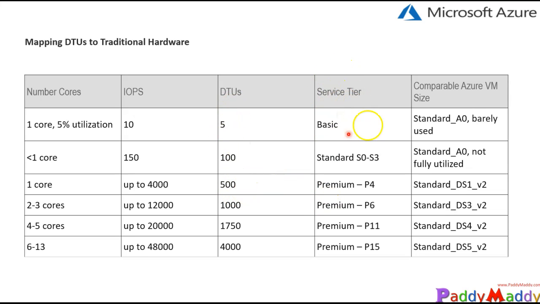And in the tier sizes, we talked about basic, standard and premium, if you remember, and within that it falls under premium P4 or P6 or P11, P15. So these are the charts which explain what kind of sizing should be matched when we move from on-premises to the PaaS model. This would be a useful chart based on my experience.